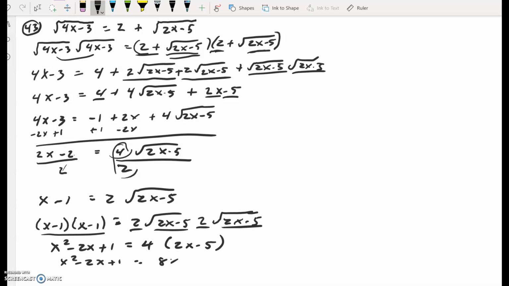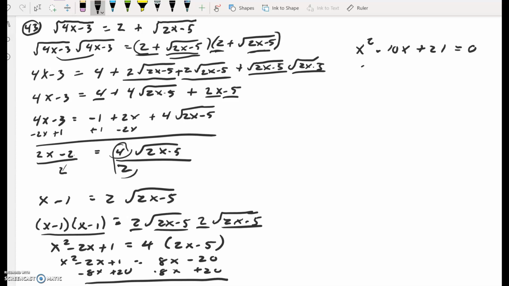So distributing, on the right hand side we have 8x minus 20. Subtracting 8x from both sides, adding 20 to both sides, we get x squared minus 10x plus 21 equals 0.